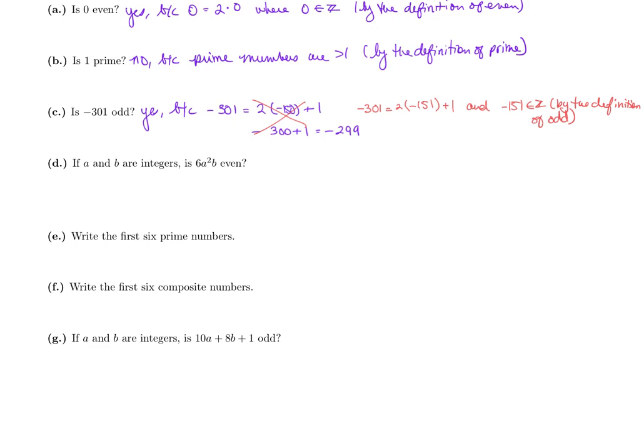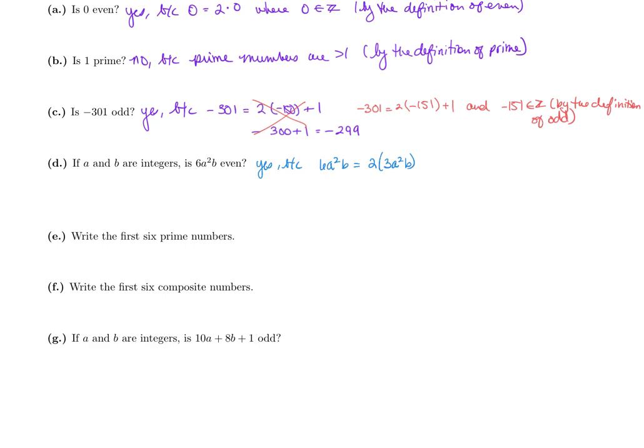The way you have to think about this is, can I make that value a multiple of 2? Hopefully you said yes, because you can factor out a 2. So we would say yes, because 6a squared b equals 2 times the quantity 3a squared b.